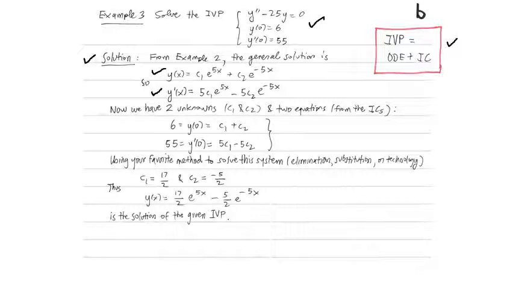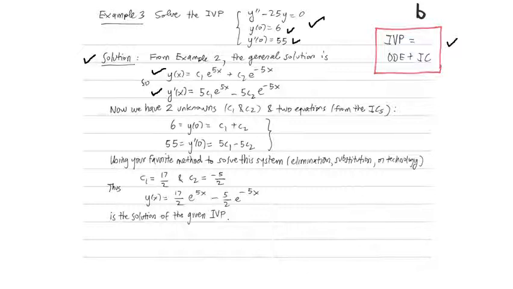At that point, we have an expression for our solution containing C1 and C2, and we have an expression for the derivative of our solution also containing C1 and C2, and we have two initial conditions here now, which we haven't used yet, and we can use those initial conditions now together with the expressions that we just found for the solution and its derivative.